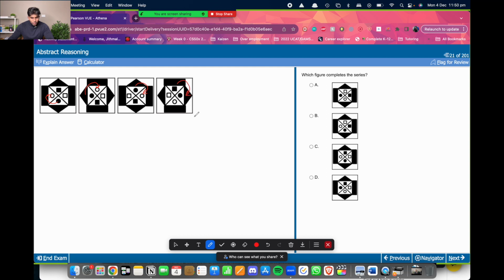So it's moving around one step each time, which means that the black circle should be down here. So I can eliminate A and D. I know that they're wrong because the black circle is not down there. Then the black square is jumping from there down to there. It's staying there, coming back up. Maybe there's something else.